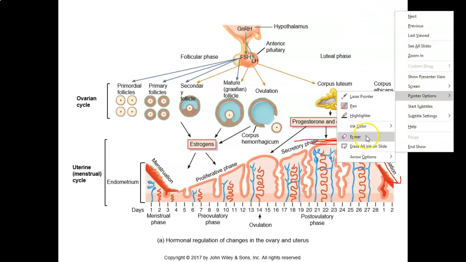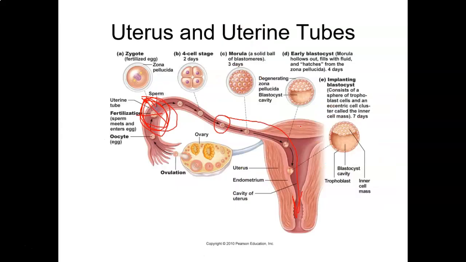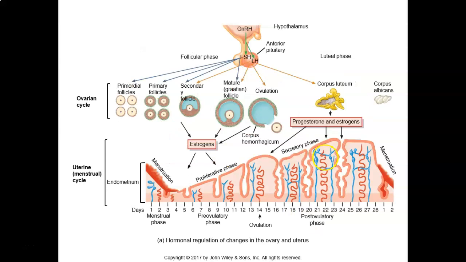Let's say in the uterus, an egg, or a blastocyst, were to actually implant here. Think of it as being like the very primitive placenta, something called the chorion, the chorionic sac. This is like the very primitive placenta.